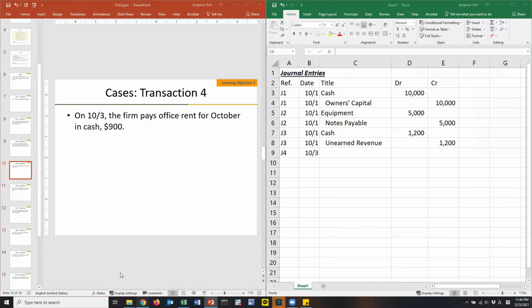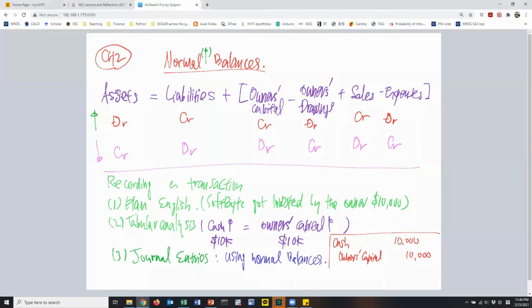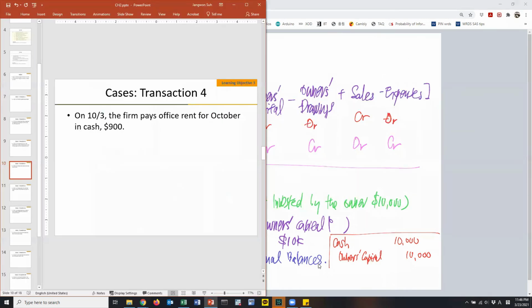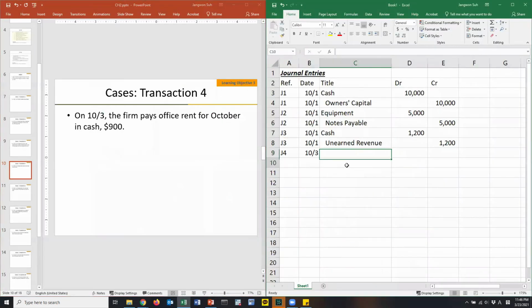Cash as an asset is decreasing. Cash asset item is decreasing. Therefore, it should be credited. So cash decrease should be credited. Right? How much? 900. For what? Because you pay out rent.